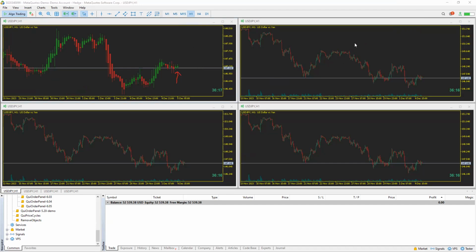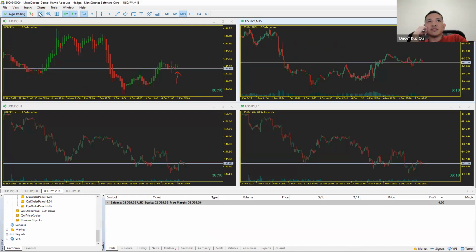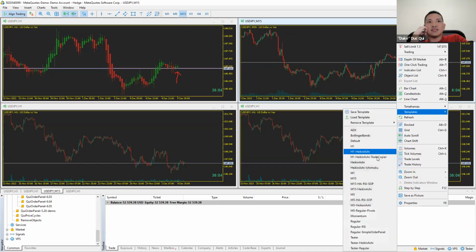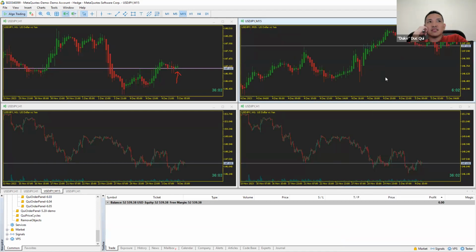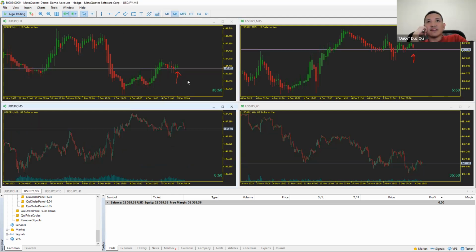Now this here is the 15-minute. Zoom in some, see how it's like up and down, up and down. Now if I Heikin-Ashi this, what is it? It's down. The current candle right now is down. Now I do in 5, it's up and down, right?